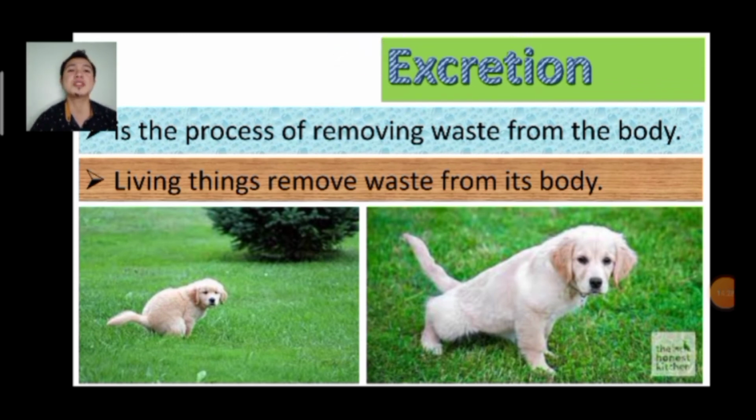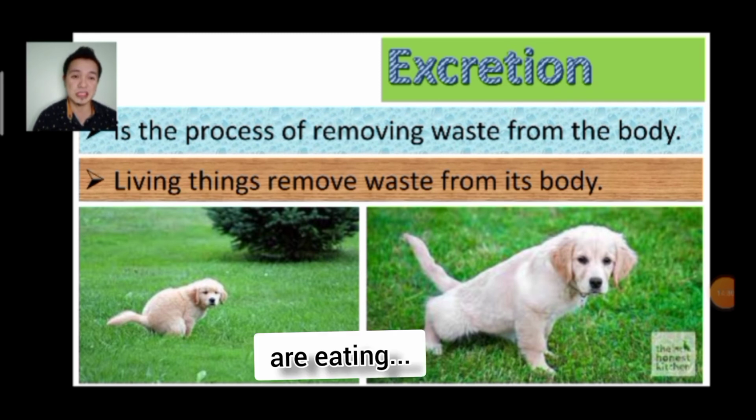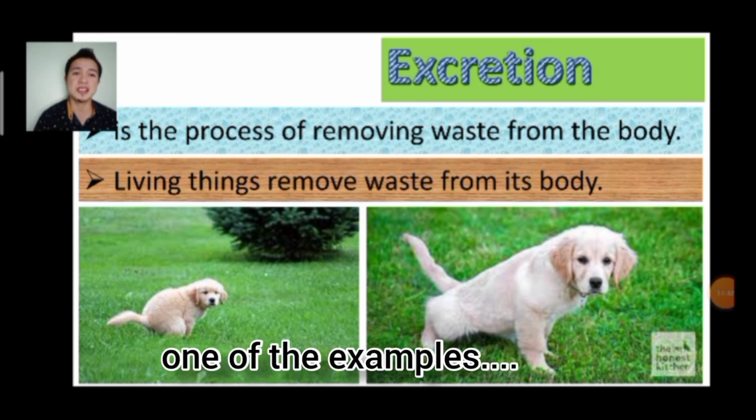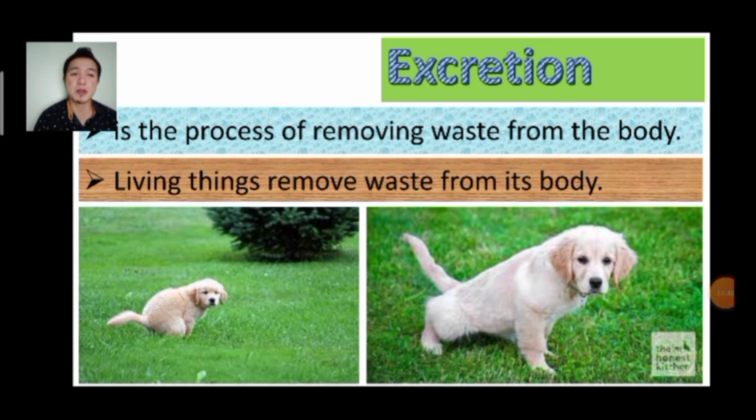Another thing here is excretion. It's the process of removing waste from the body. So living things remove waste from their body. The first dog, I'm sorry because some of you maybe are eating there. The picture shows excretion, one example is removing waste from our body.